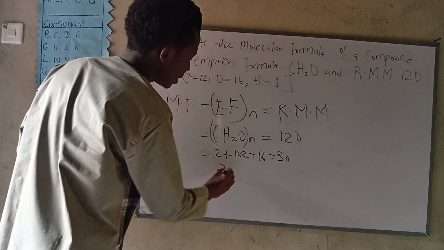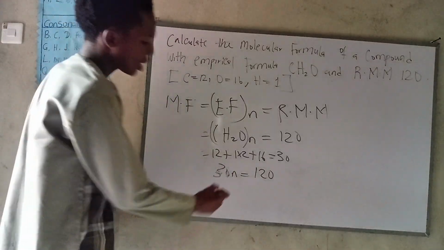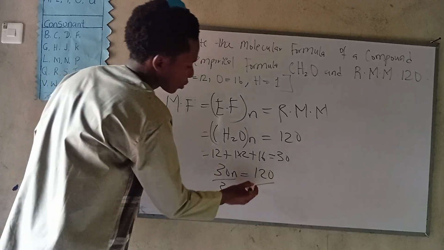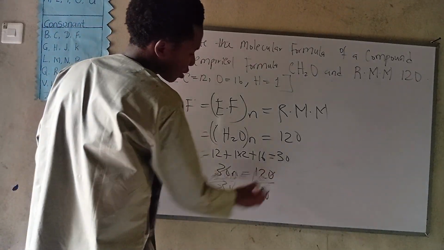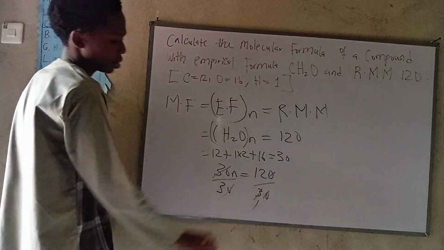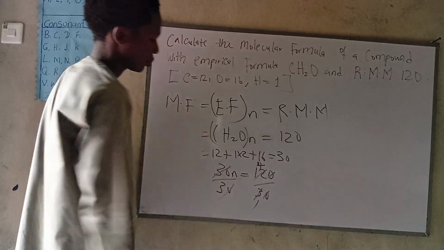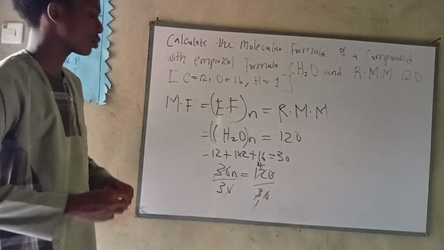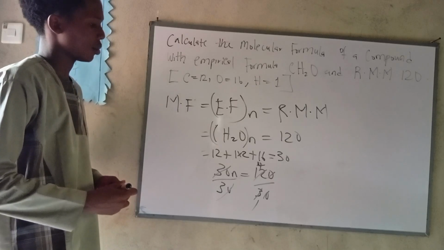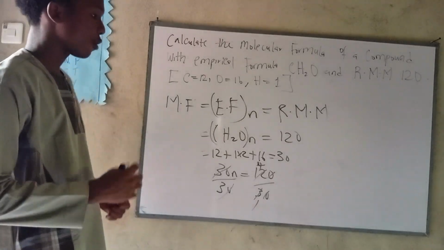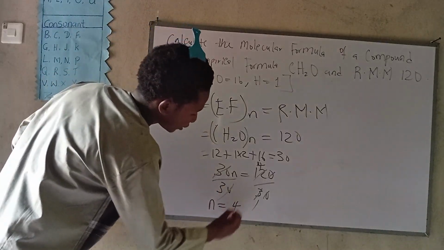So 30n is equal to 120. Alright, so now divide both sides by 30. 30 cancels 30. 3 goes into 12 four times. Since we've gotten our n, we have n to be 4.